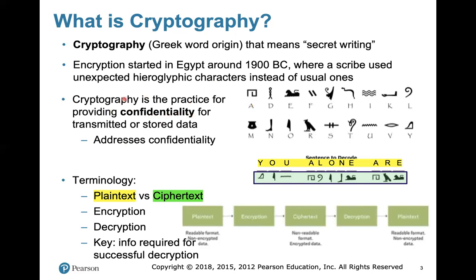In fact, this is a definition that we can use as a formal definition for cryptography. We say that cryptography is a practice or a set of practices that tries to provide confidentiality for data transmission or for data storing.